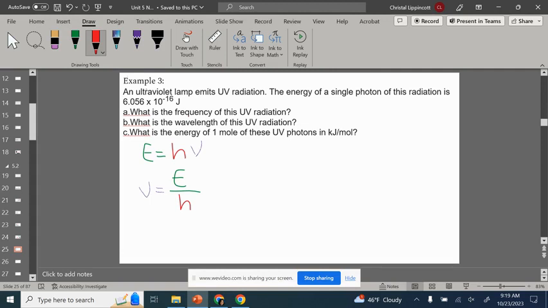So see if you can sub in your values for that and come up with the correct answer for it. Compare it with the person you sit next to, see if you came up with the right answer. Then see if you can solve for wavelength.